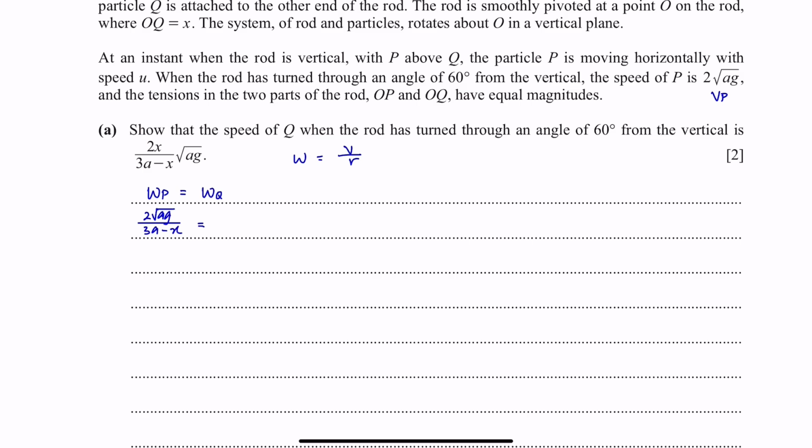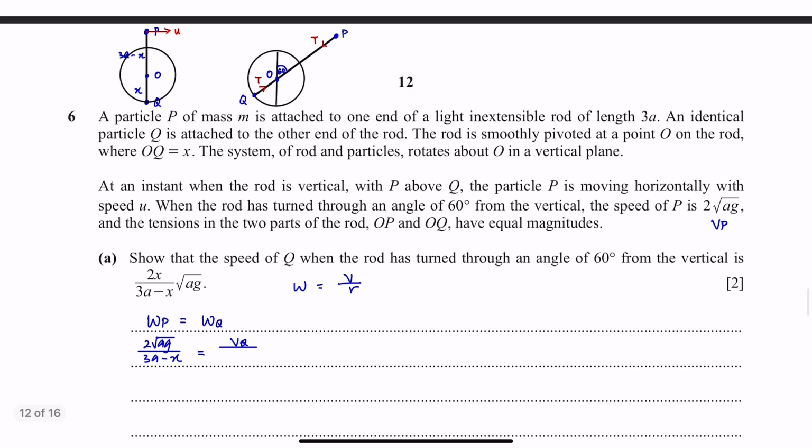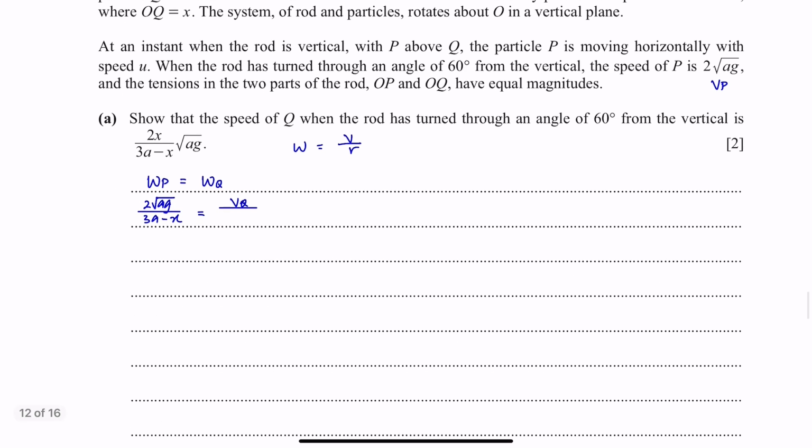For Q, the speed is what we want to find, so VQ over the distance here, which is x. So now VQ would be equal to 2x over 3a minus x times root ag.